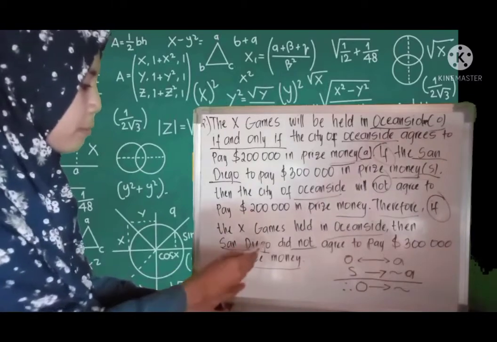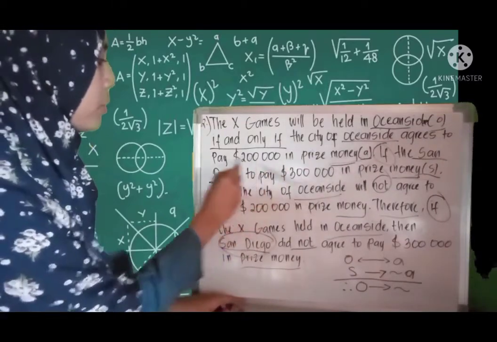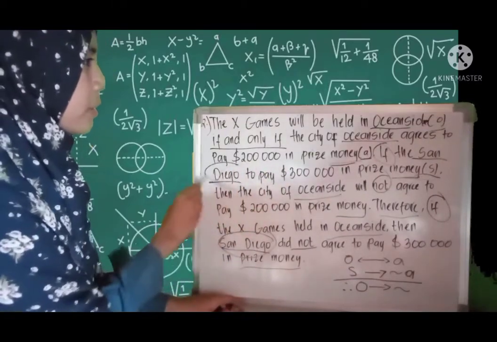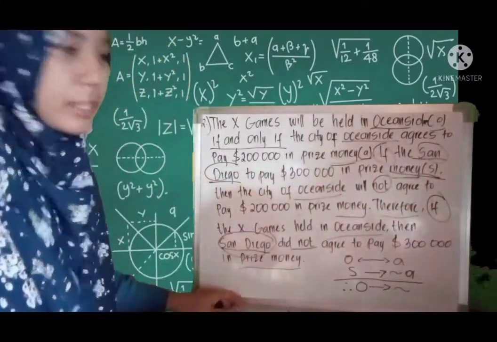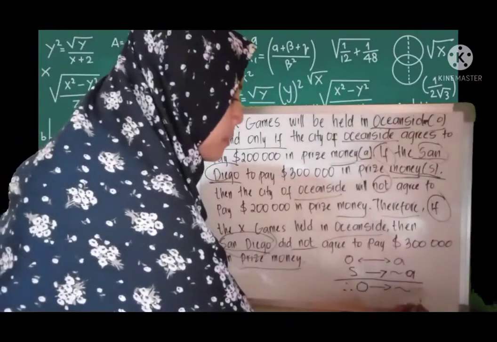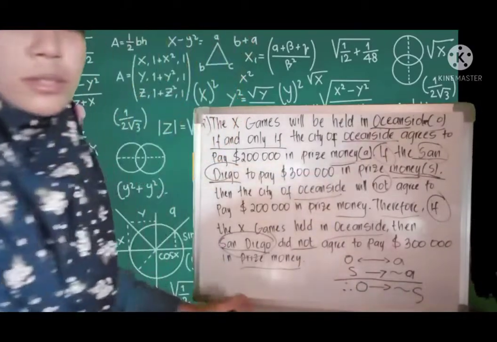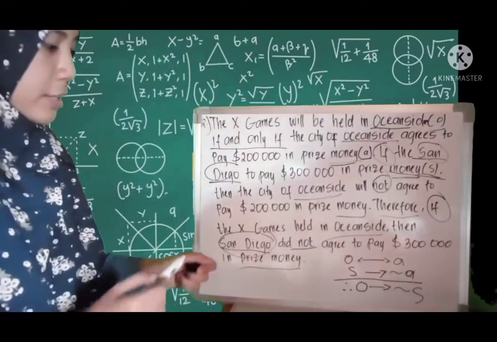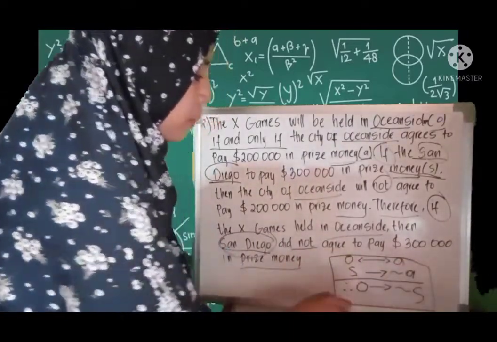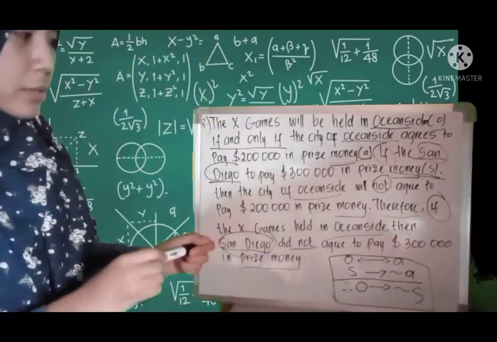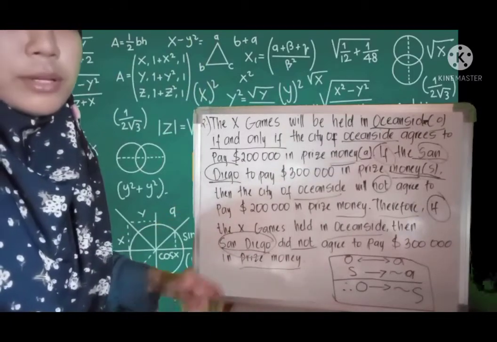So, prize money, pag binanggit na yung San Diego, andito yung San Diego. San Diego. So, nagprepresent siya ng letter S. So, ganyan yung mangyayari. Yan yung final niya na sagot dito sa symbol.